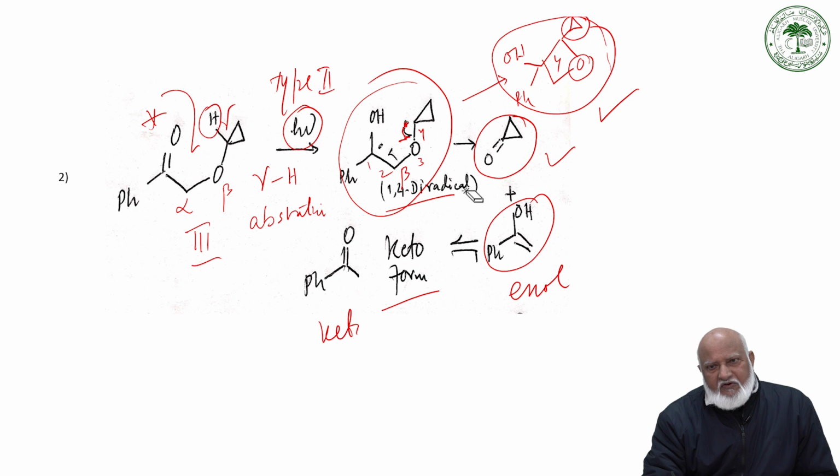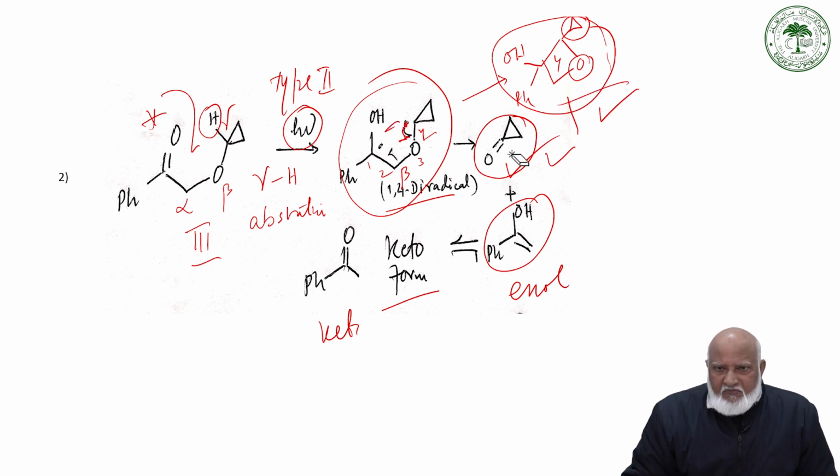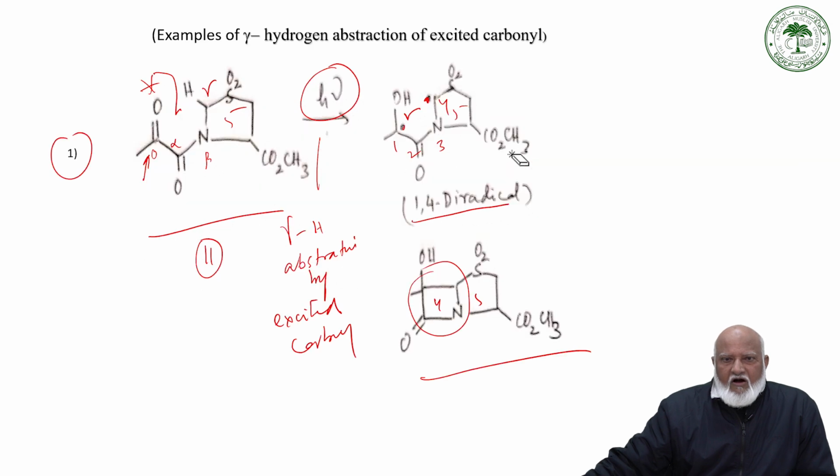The fragmentation has been reported to be more favorable because there is a carbonyl adjacent to the cyclopropane ring, which might open very fast to give a cyclopropanol, and then the fragmentation product is one of the products. Of course, if we combine this, we get this, but I don't know whether experimentally this is formed or not, because it has not been reported in the literature. These examples are all reported in a standard photochemistry book by N.J. Turro.